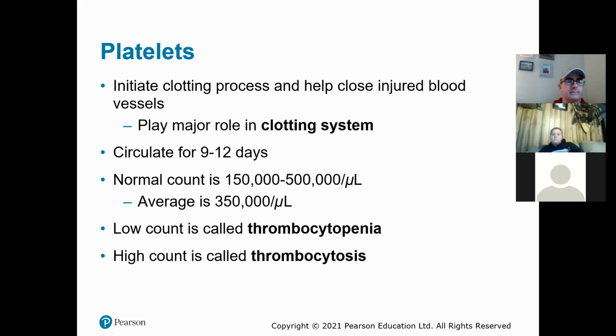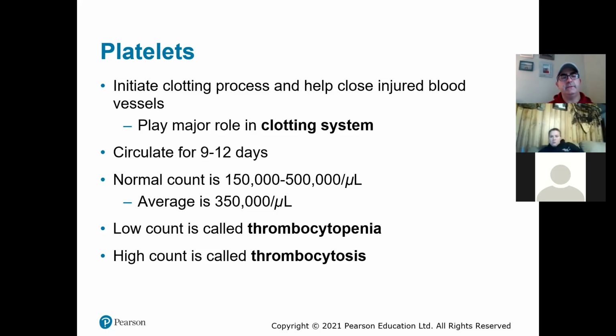So if you cut yourself and you don't clot, what happens? You just continue to bleed. And what happens if you continue to bleed? Blood loss, which leads to anemia.